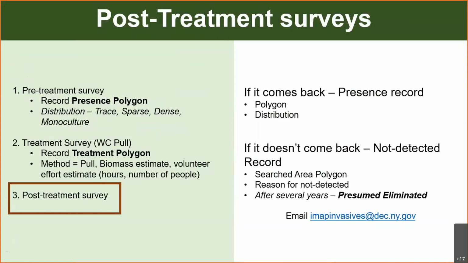And after several years, if there's repeated not detected records, we can actually set that location to presumed eliminated. And that's a field that we have to edit as admins of the database. I did just see a comment, so I'll make sure to look at that and follow that up later. But if you do know of locations where water chestnut has been managed and has been surveyed since then and not found for several years, then we may be able to set that to presumed eliminated.